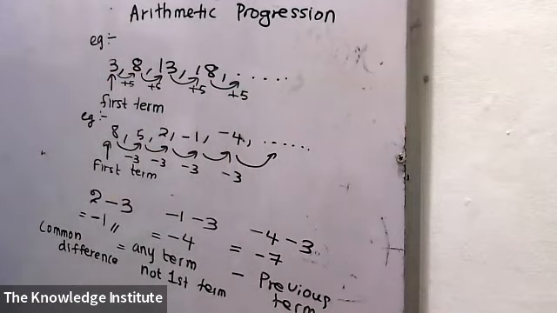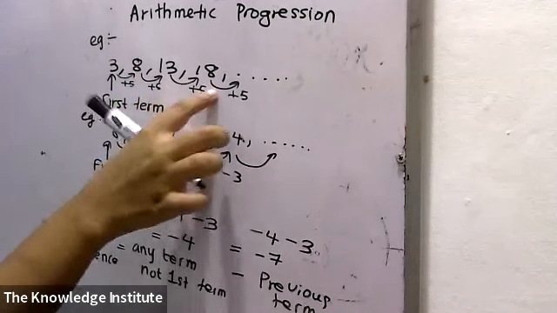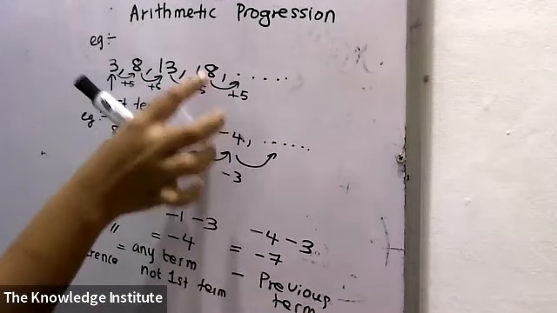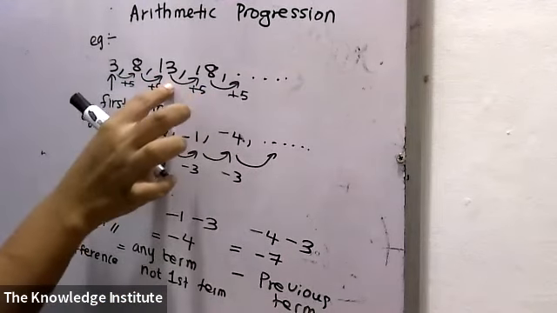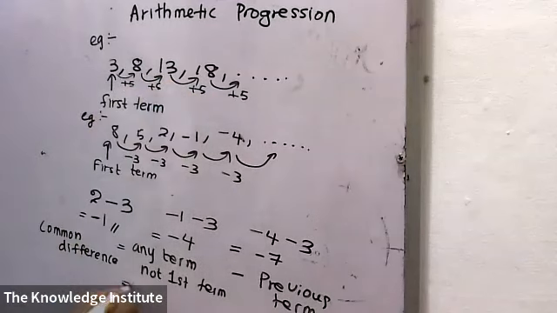Just tell me whatever term you like. 18. Okay. If I select 18, the previous term means right before it, what do you have? 13, right? So from 18, you will subtract 13. 18 minus 13 is 5. So that is the common difference. Usually for common difference, we use the symbol d. Understood?